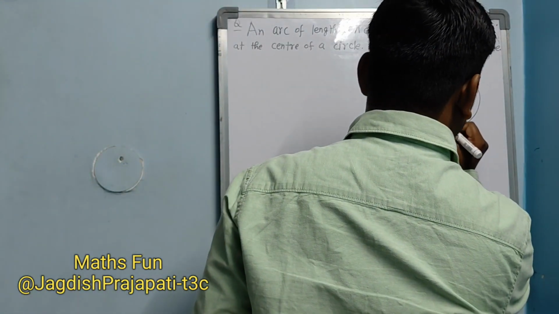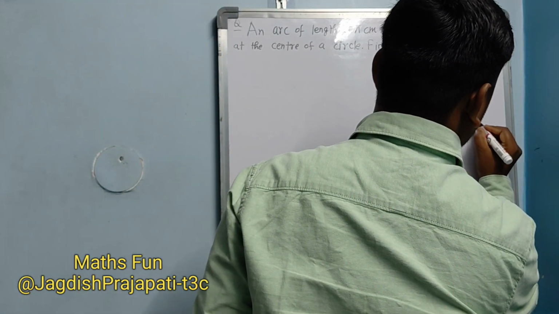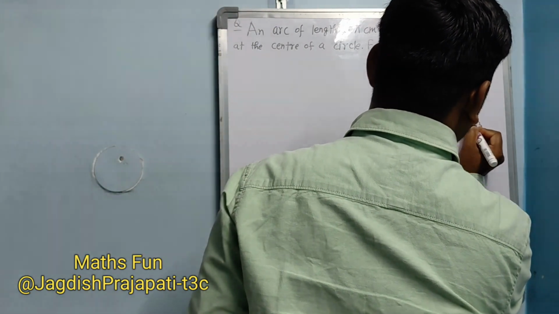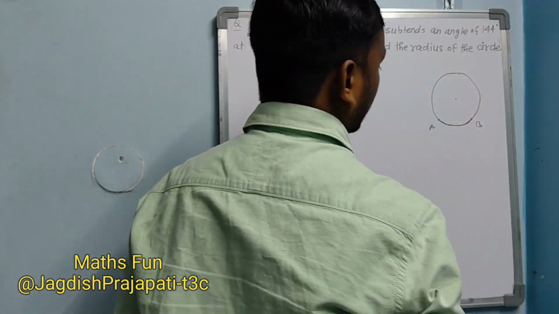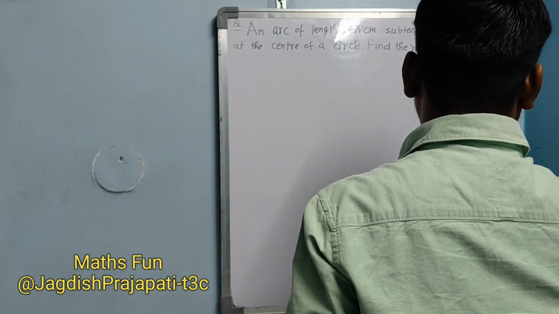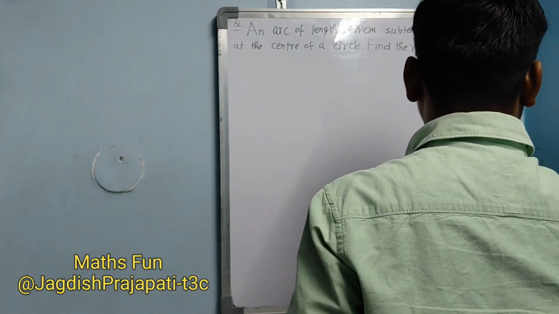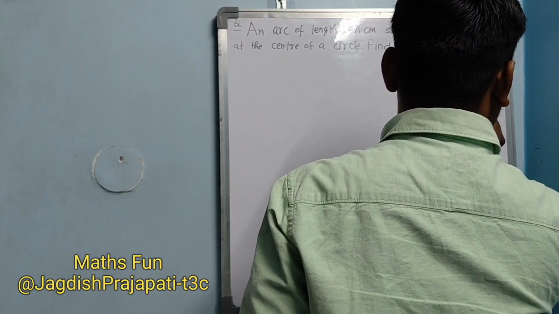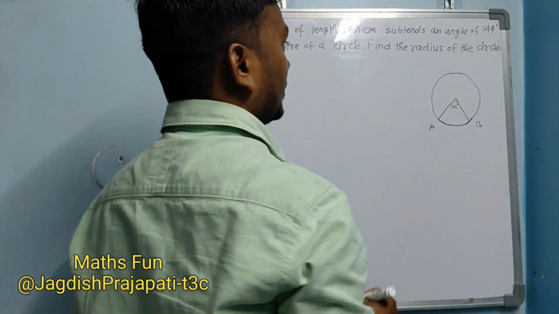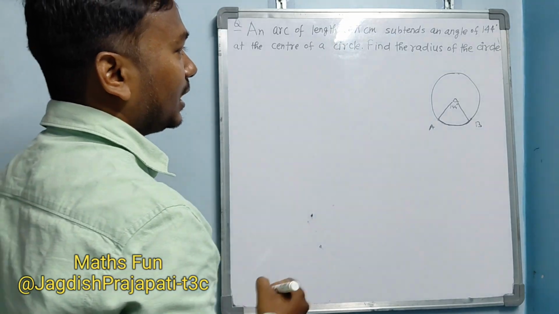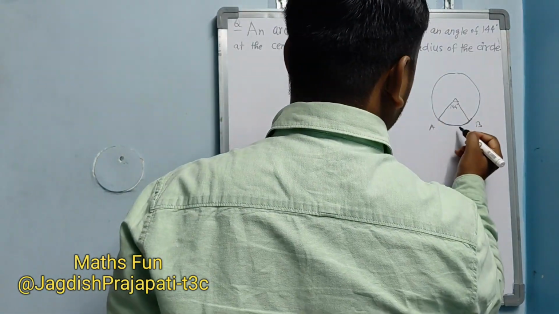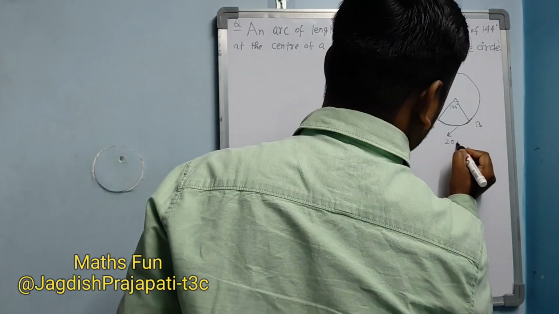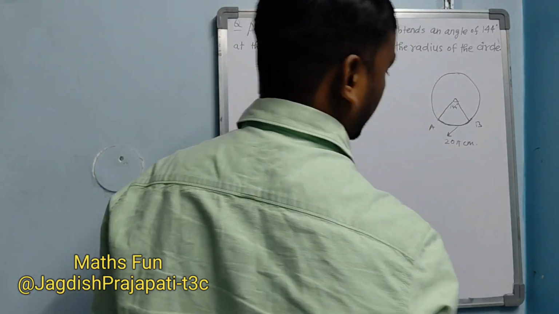So let's say AB is an arc, and it subtends 144 degree at the center. It is given in the problem. And it is also given this length, this length is 25 centimeter.